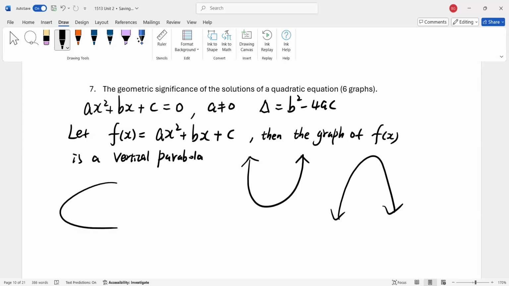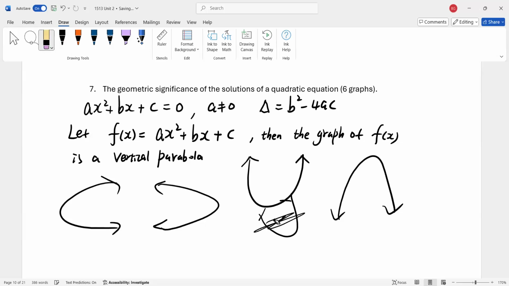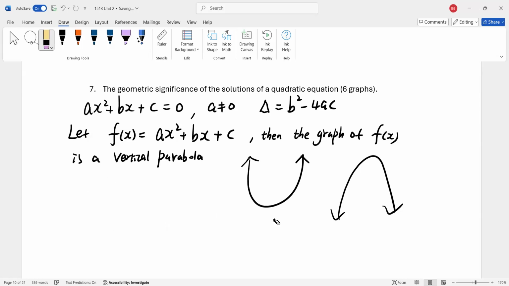A parabola could open to the right or open to the left, or even be rotated, like open to top left. We don't go that far yet. So this quadratic function's graph is a vertical parabola, either opens up or opens down.